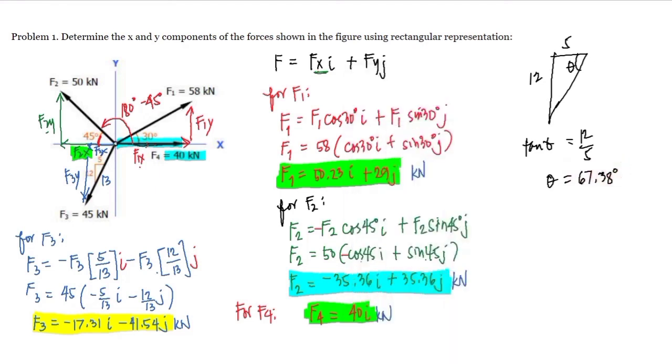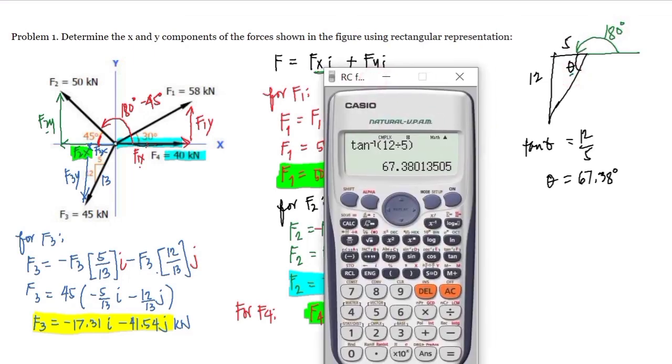Now, since the standard angle is what we need here, for the standard angle, that is just equal to 180 degrees plus this theta here. So computing for this, we have the magnitude of 45 kilonewton, angle 180 plus theta, which is 67.38 degrees.